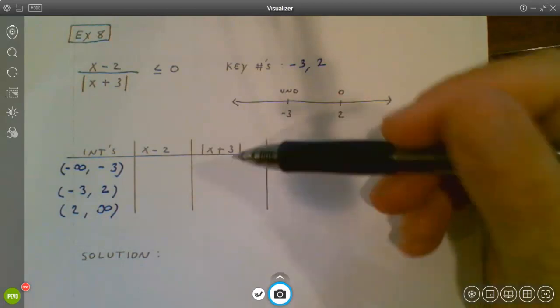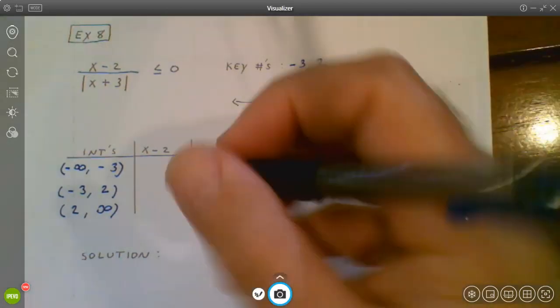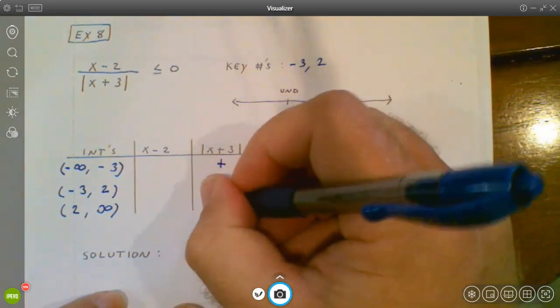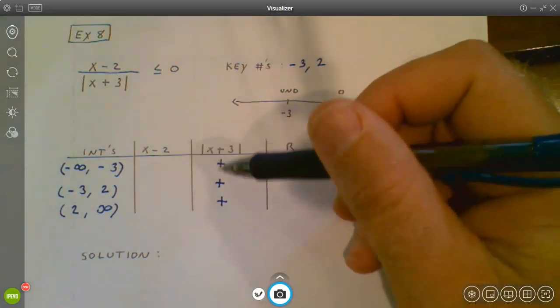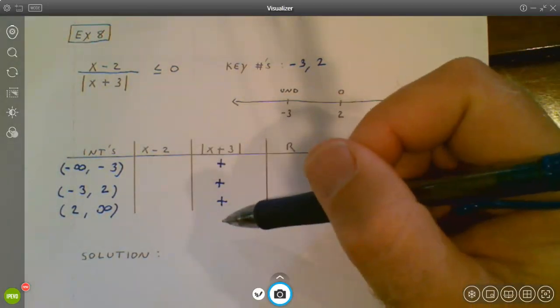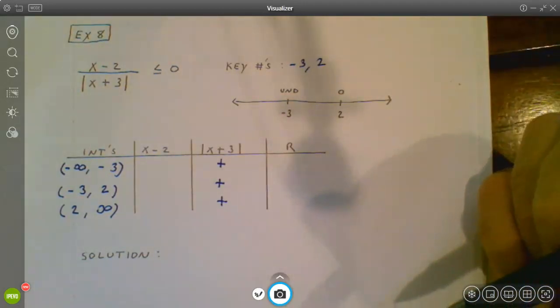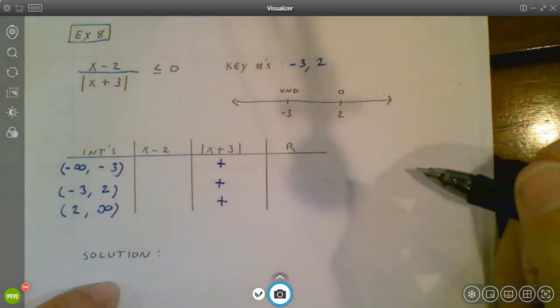So really the only impact that this is going to have is if it's an absolute value, we know this is positive all the way down, right? So that's really the impact that he's going to have, is this must represent a positive value. Doesn't even matter what number we plug in. The absolute values would turn it to a positive no matter what. So we really only need to test this guy to see how it would affect us.